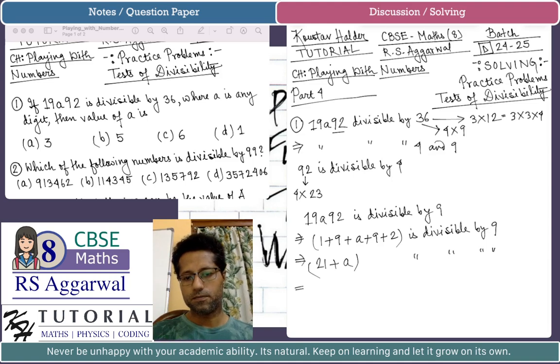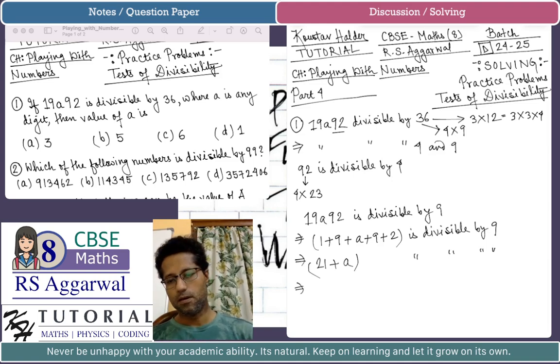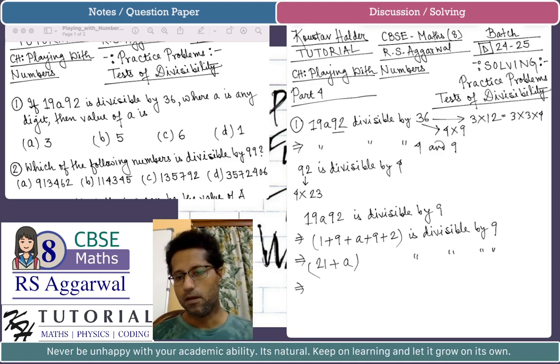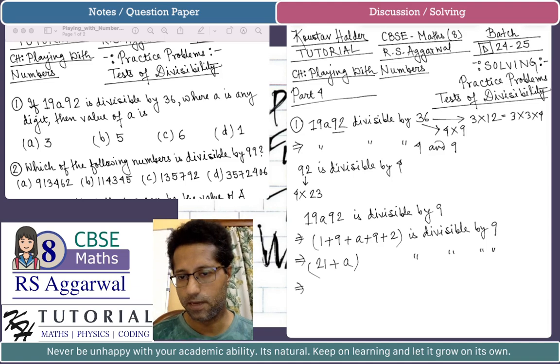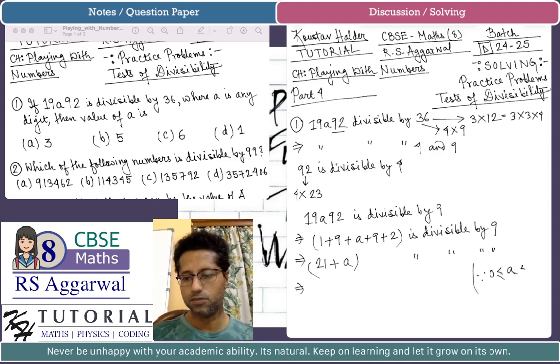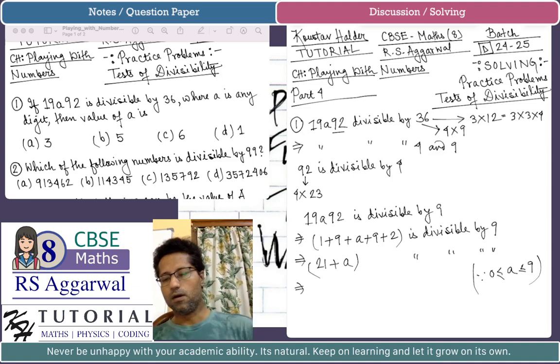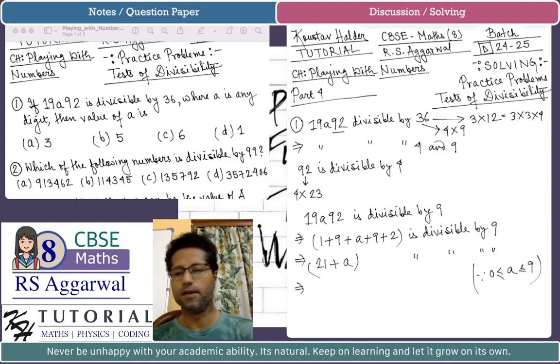Now, A is a digit, so A can take values from 0 to 9. A can take only one value for which 21 plus A will be divisible by 9.